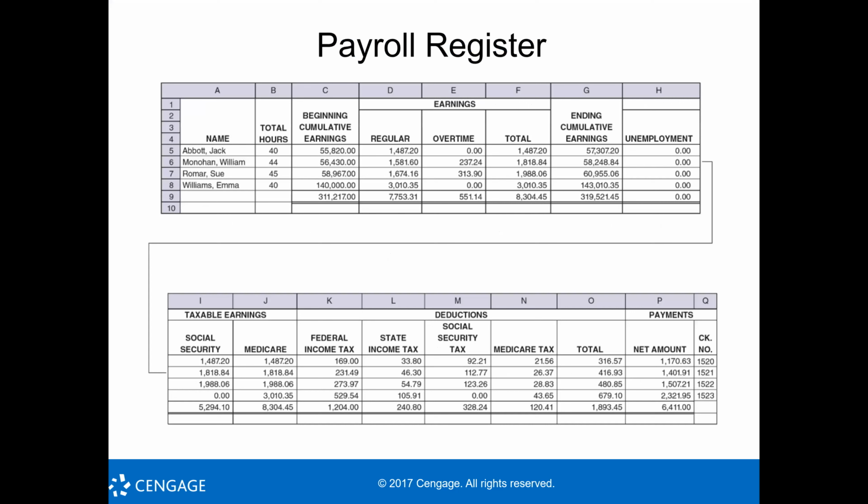All right, so here's an example of the payroll register. Again, in your book it goes column by column and tells you what each of these columns means. This is the total hours worked. This is what they had earned before this pay period, before the current pay period.